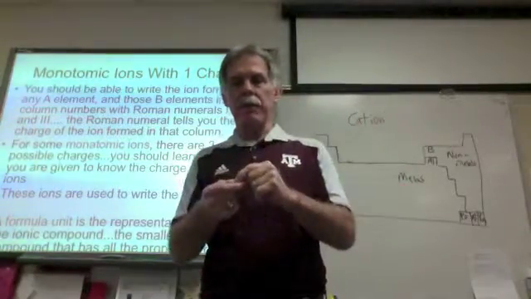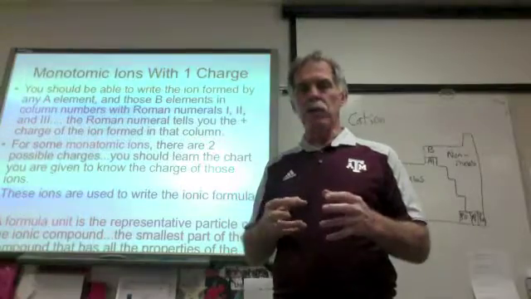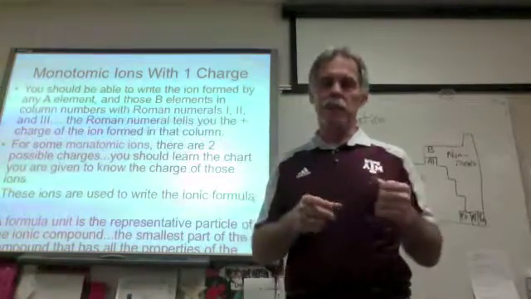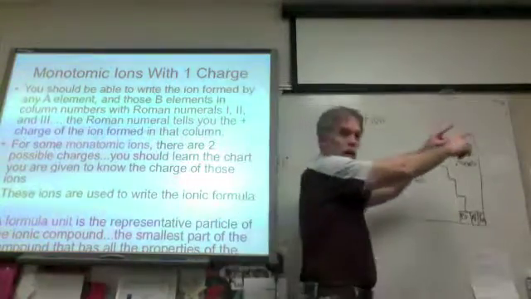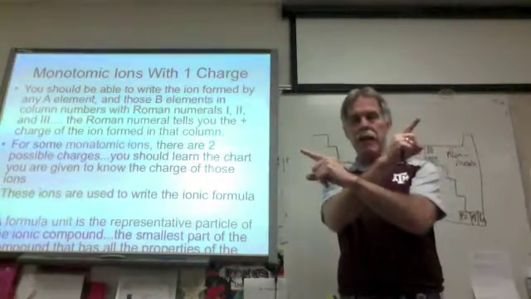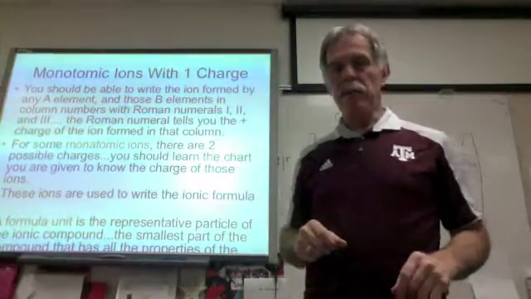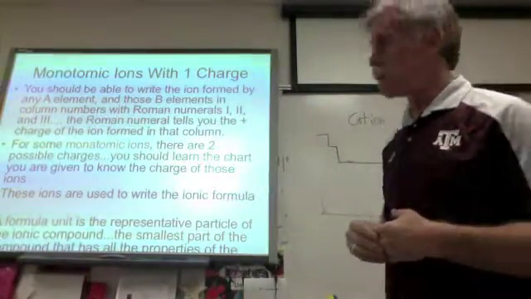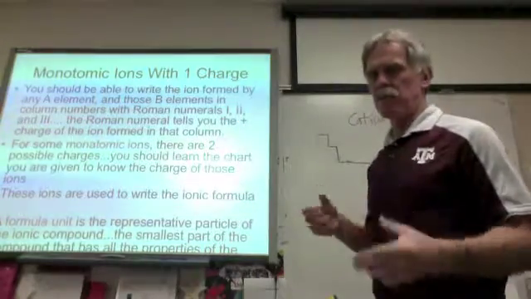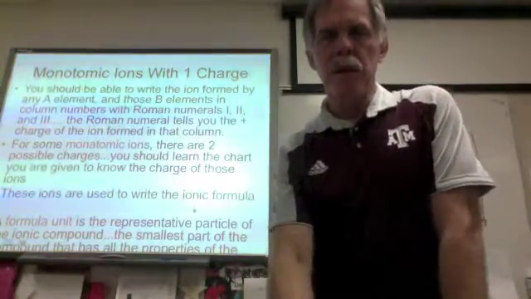So the atom is the representative particle for most elements. The molecule is the representative particle for molecular compounds. That's with two nonmetals. And formula unit would be the one for ionic compounds, ion on both sides. You should know those three types of representative particles. That's what we're going to be counting when we count particles.